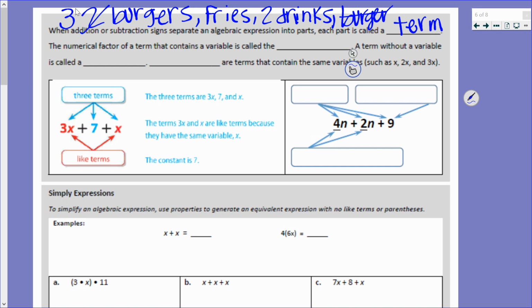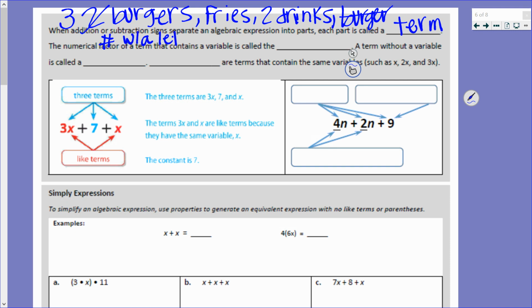The numerical factor of a term that contains a variable. Whew. How many of you read sentences like that in math and you're like, what? What does that mean? Sometimes it gets a little wordy, okay? So instead of saying the numerical factor of a term, would it make more sense to you if I put the number with a letter?